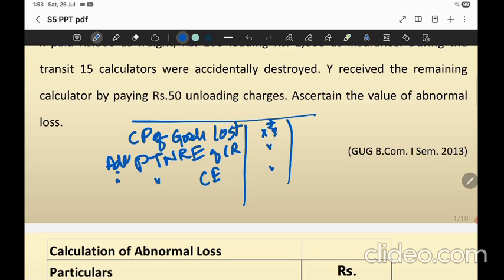What we need to remember is we add the consignee's expenses only when the goods are lost in the godown. That is, when the loss of the goods occurs after the consignee collects the goods, then we add his non-recurring expenses also.